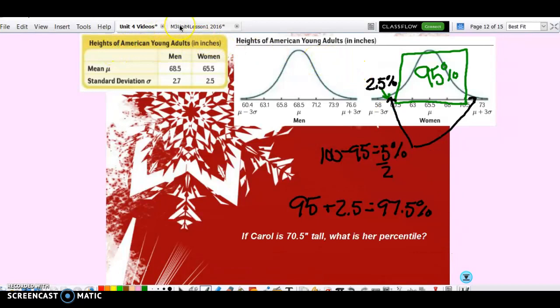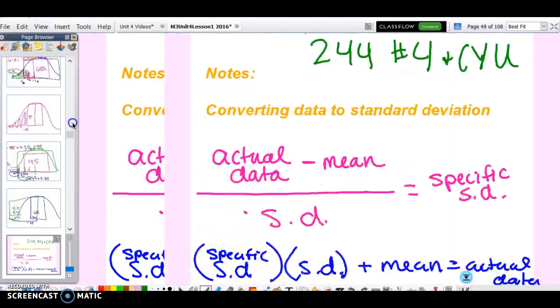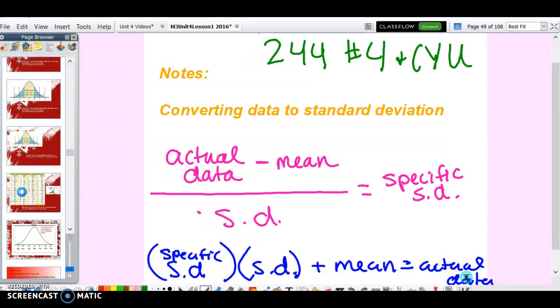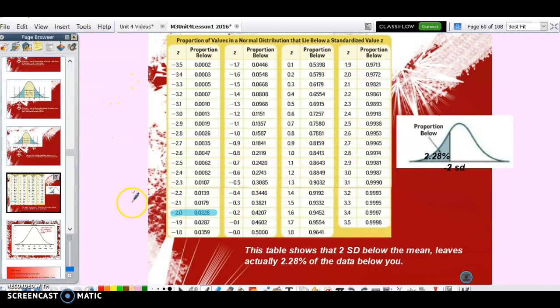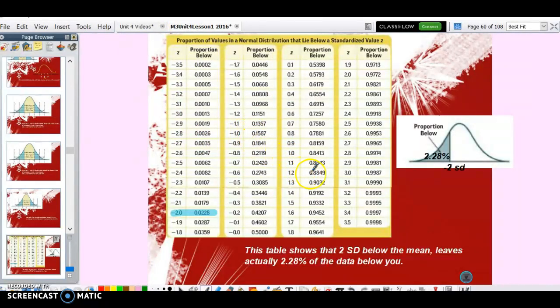In class, we just talked about a chart. And this chart here gives us all the answers without even trying. So remember how we know she is 2 standard deviations? If we go back here, she is 1, 2 standard deviations above the mean. If we go look at this chart, at the plus 2, there is the percentile, 97.72%.